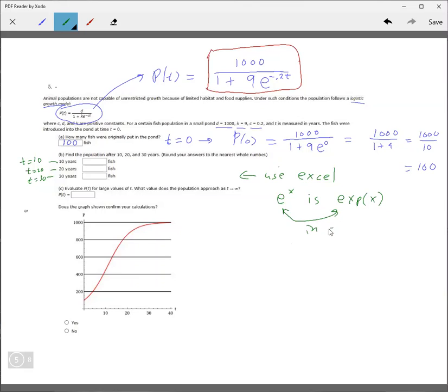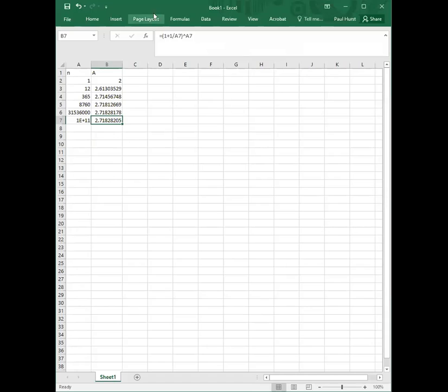That's in Excel. So this is all how to use Excel, basically. Okay, so let's go to Excel then. Okay, so I'm going to do it over here, and I'll save this document and put it up on Canvas.